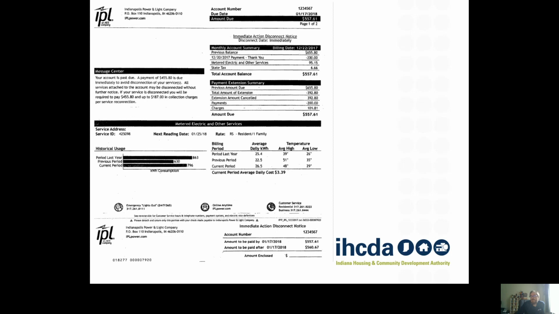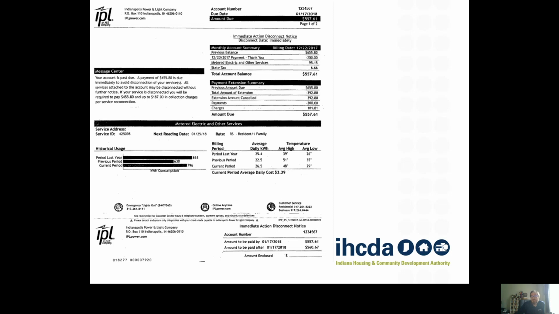And here is another example that we used. So in this case, it is a $557 electric bill, and the disconnection amount is actually off to the left in this one, and it states that the account is past due and a payment of $455.80 is due immediately to avoid disconnection services.